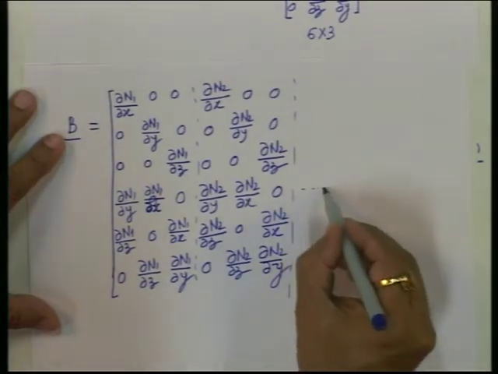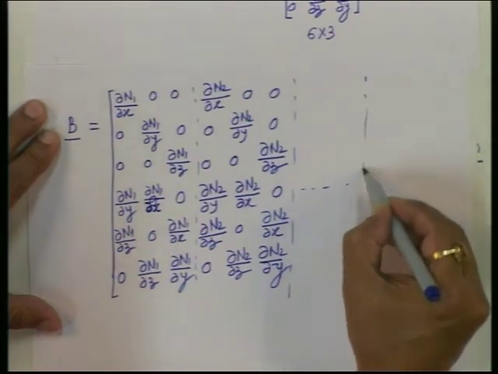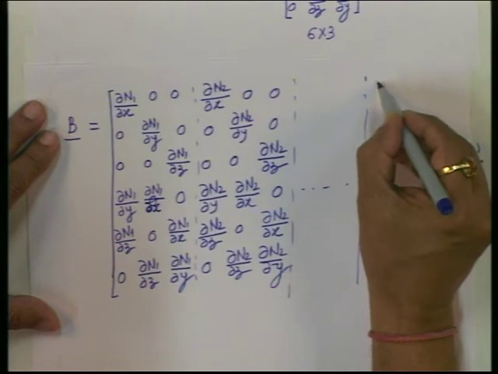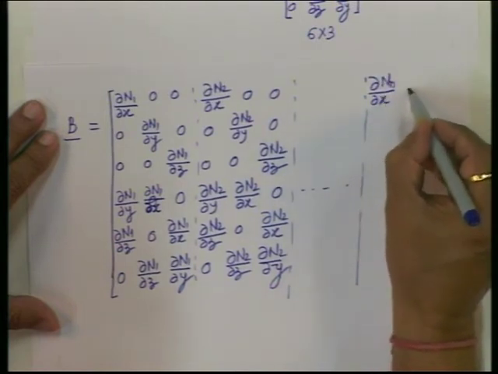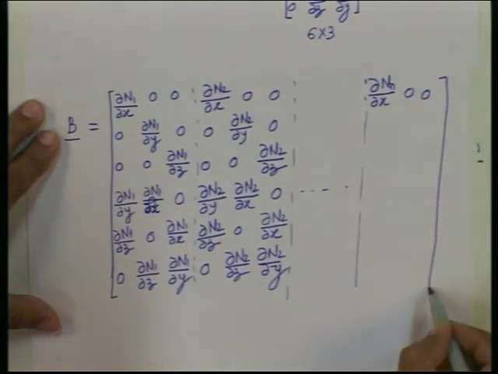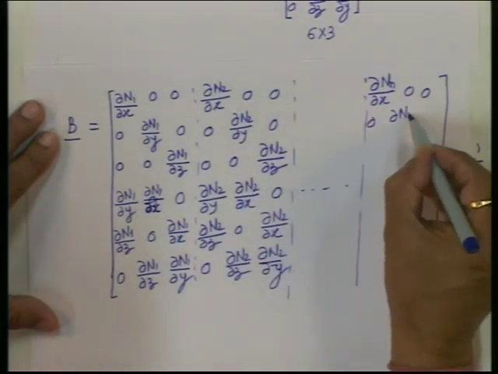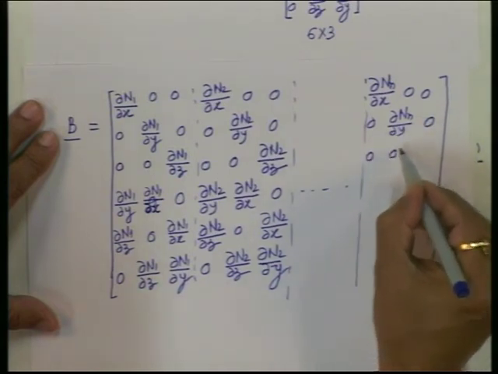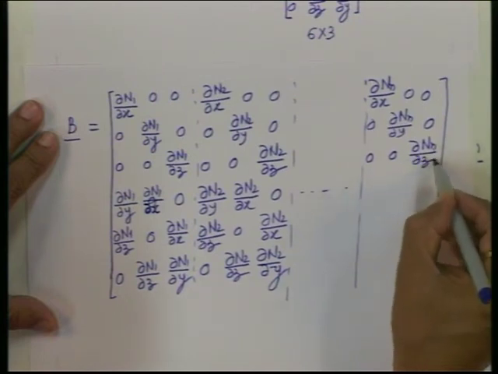And like this there are a number of blocks, and the B matrix is quite a big one. The last one will be here, n. So, dNn by dx, 0, 0, and then 0, dNn by dy, 0, 0, 0, dNn by dz.